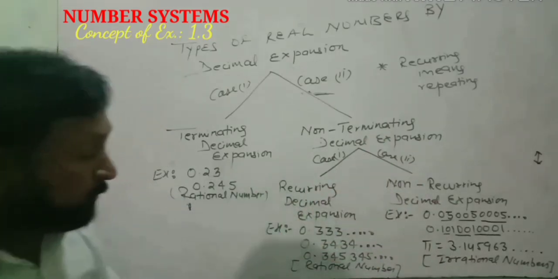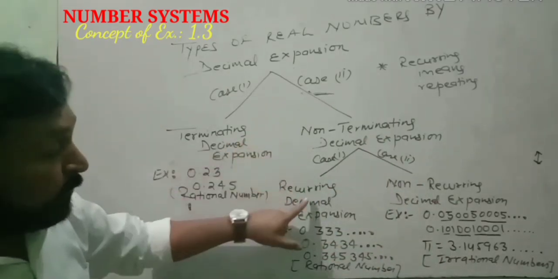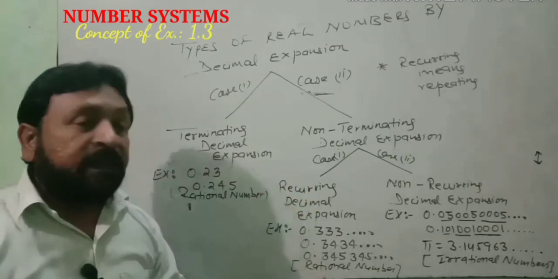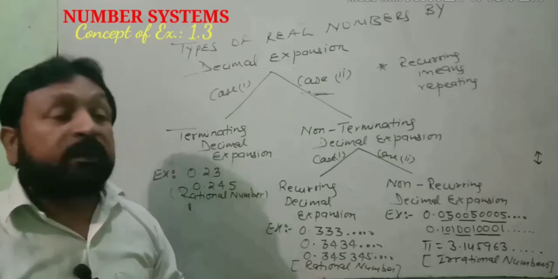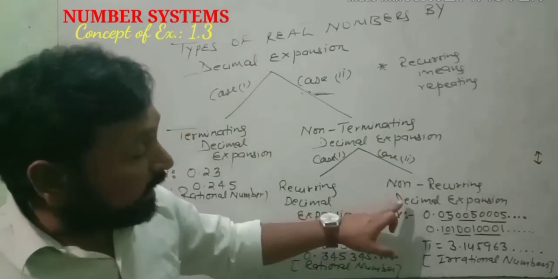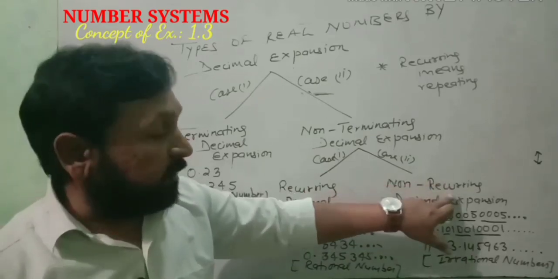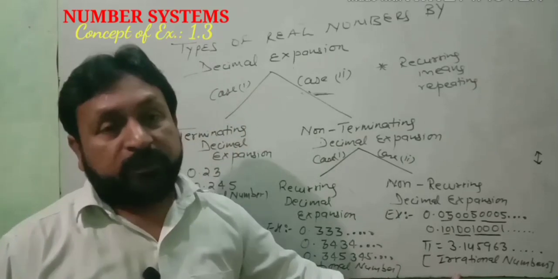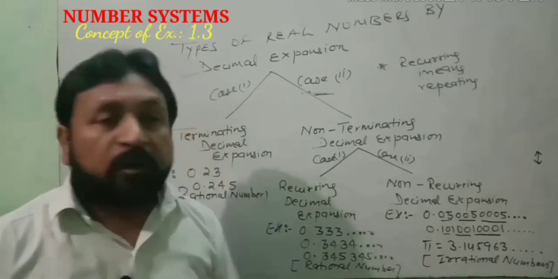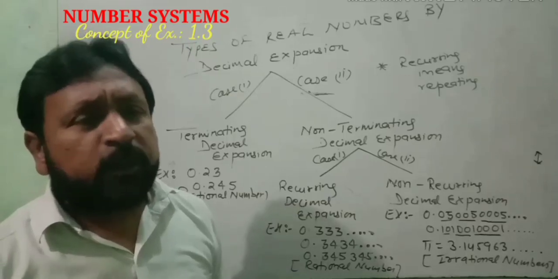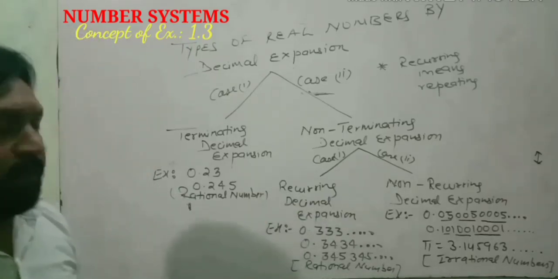If the decimal expansion is of recurring type, means repeating type, then it is representing a rational number, whereas in the case of non-repeating, it is representing irrational numbers. Understood? This was the basic concept for doing this exercise. Let us see 2 or 3 examples more. Okay, let's see them.